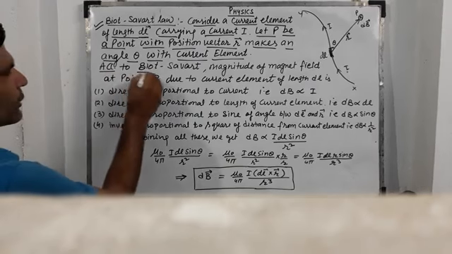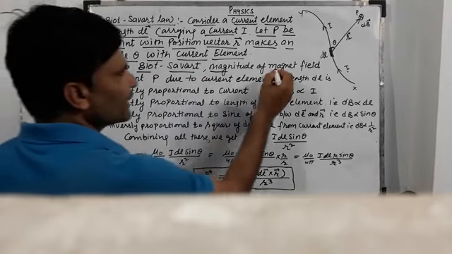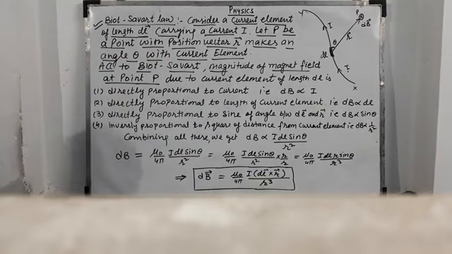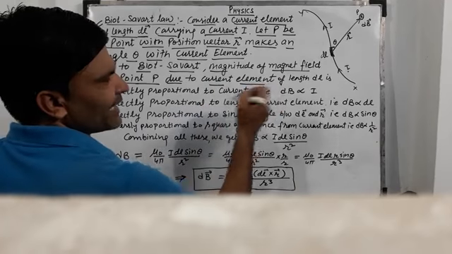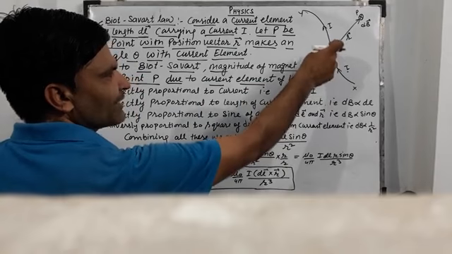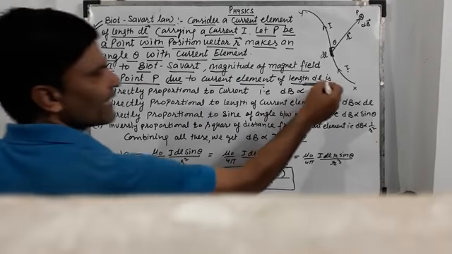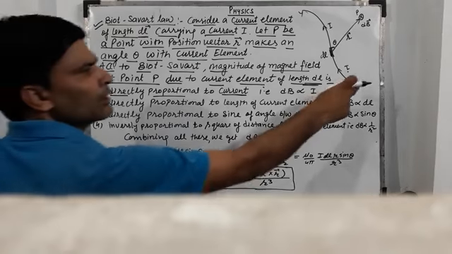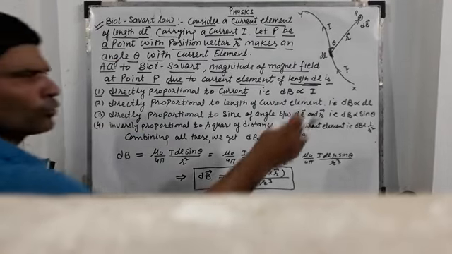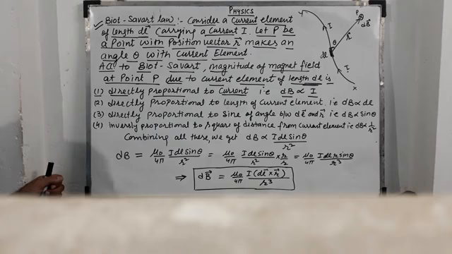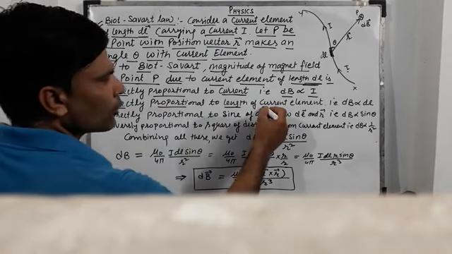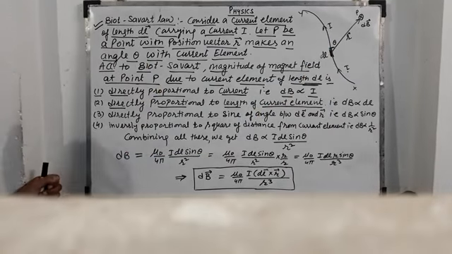Now, according to Biot-Savart, the magnitude of the magnetic field at point P due to a current element of length dl is, first, directly proportional to the current flowing through the conductor or wire, that is dB proportional to I. Second, directly proportional to the length of the current element, that is dB proportional to dl.